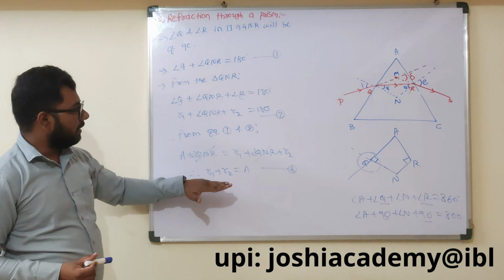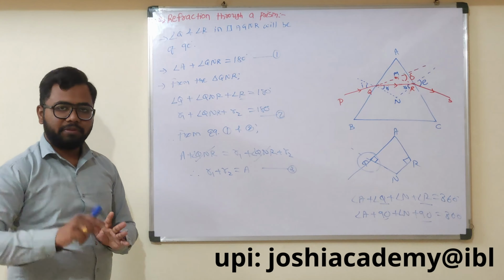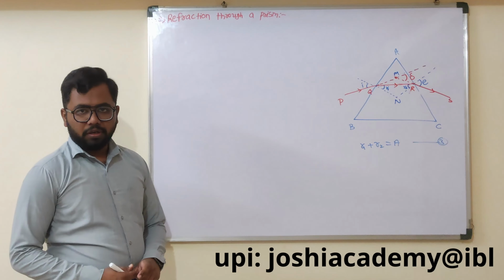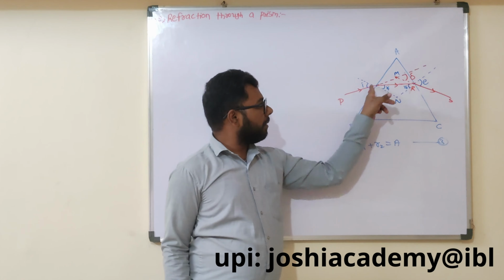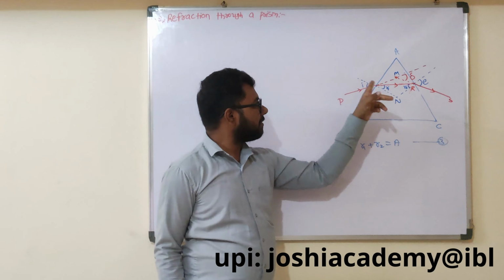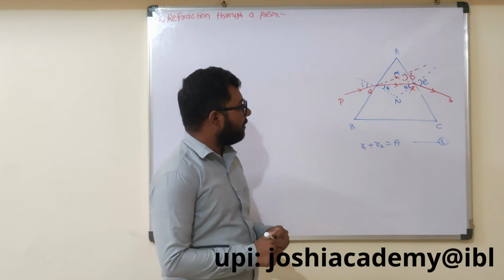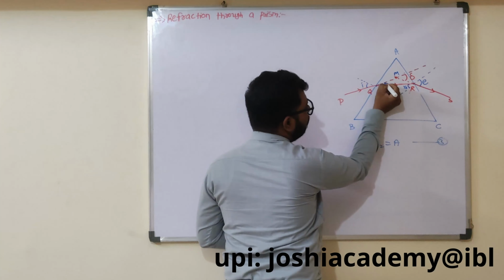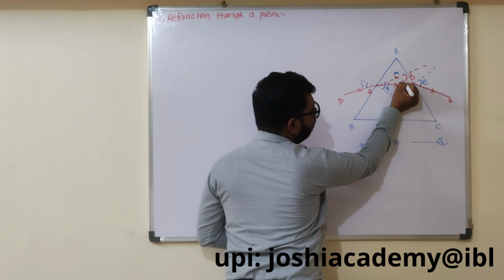So note this down, and then we are going to proceed to another triangle, and that will be the end of the first part. Okay, now for the third part, we are going to consider this triangle MQR, for which we are going to find out the angle of deviation. For this I am going to assume this angle as x and this angle as y.